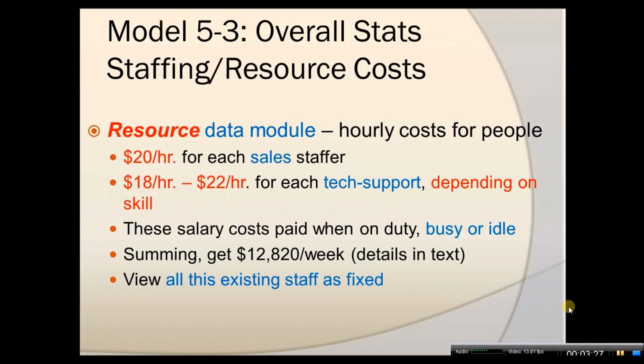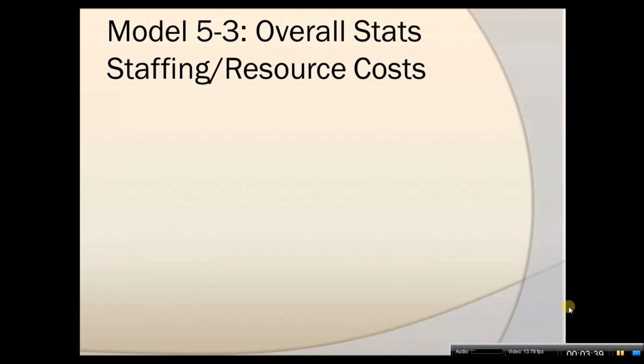We view all of this existing staff as fixed, but we also want some modification. As I mentioned earlier, we want to be able to increase the number of staff. So let me first make sure that the costs are included in our ARENA model, and also rename our model from 5.2 to 5.3.